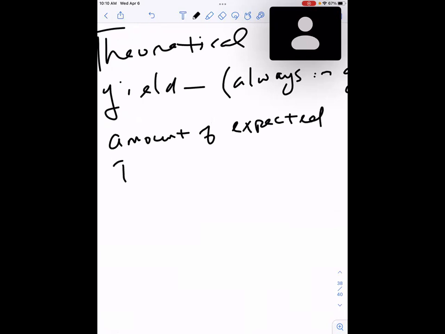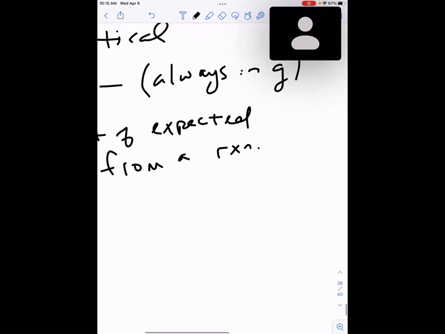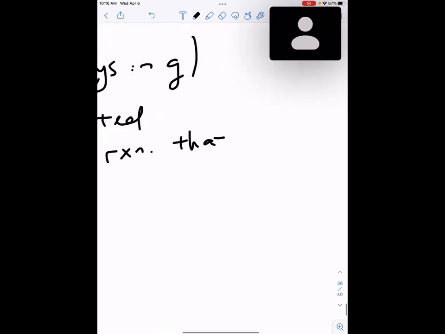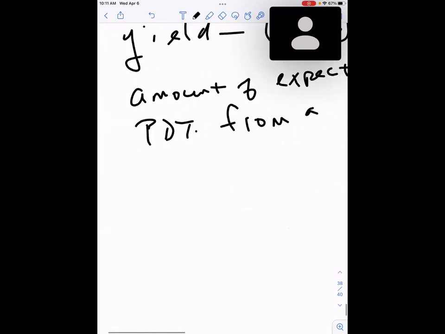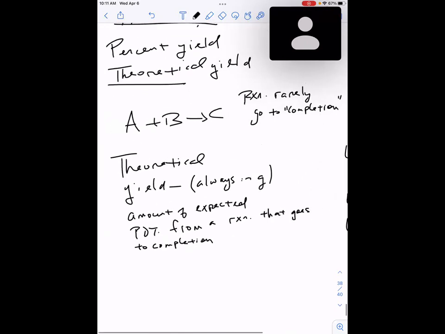So the amount of expected product from a reaction that goes to completion. It's what you expect.